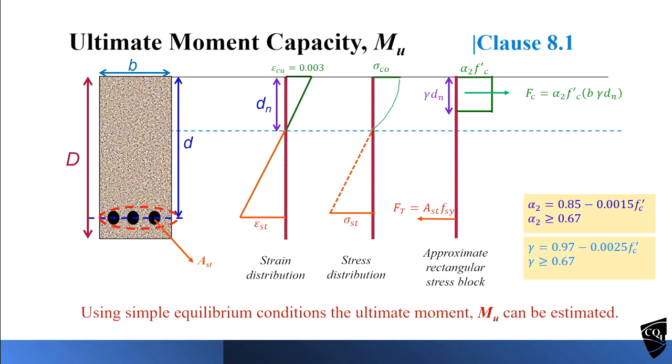Generally, if you look at the strain in the steel, that will be larger than the yielding strain, and that is one of the assumptions. So we need to make sure that it reaches the yielding point.